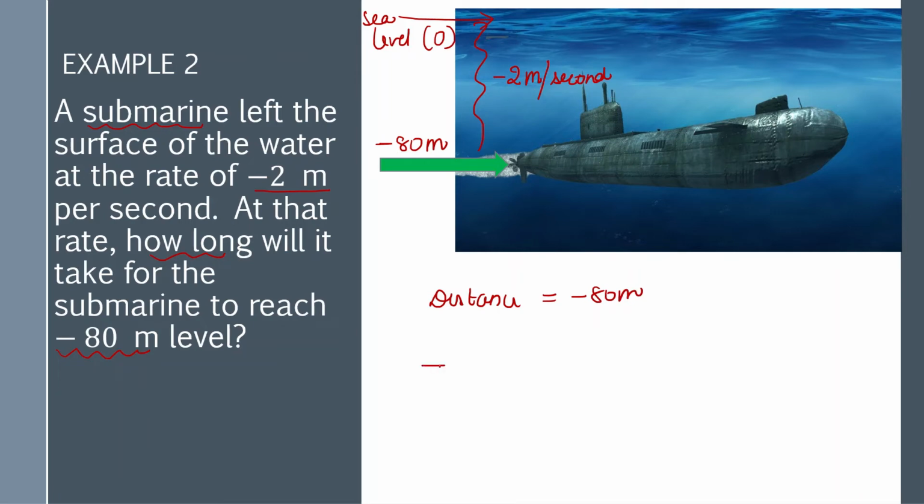So how will we find out the time taken by this submarine to reach this negative 80 meters? Same thing, we will divide by negative 2 and this will give you 40 seconds. Now why is this rate negative? Because it is under the sea.